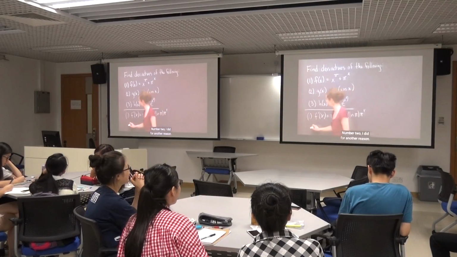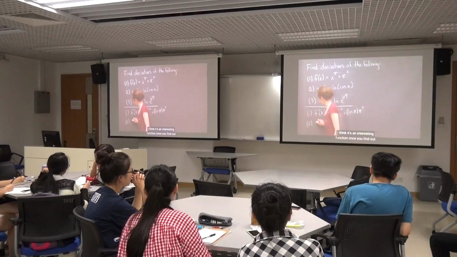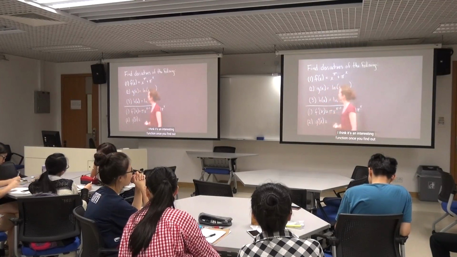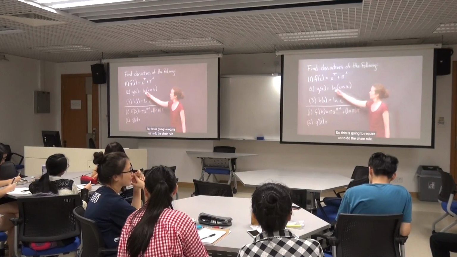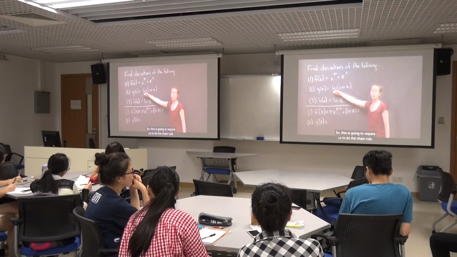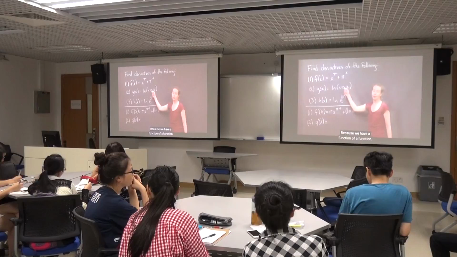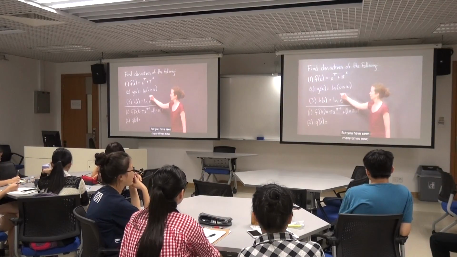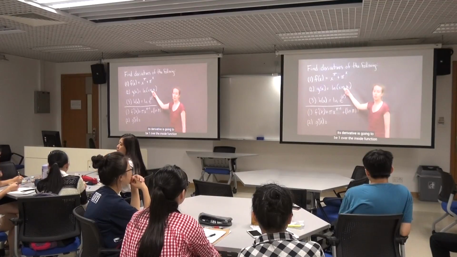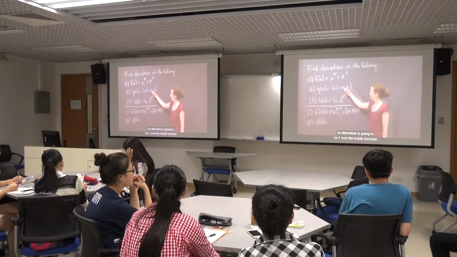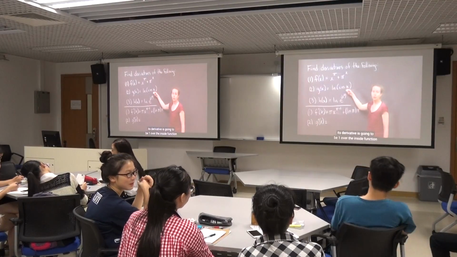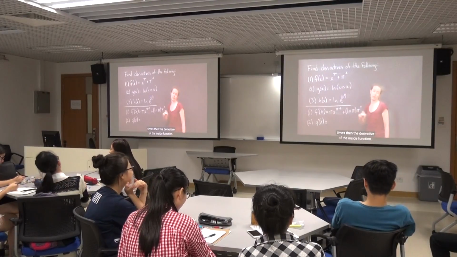Okay, number 2, I did for another reason. I think it's an interesting function once you find out what the derivative is. This is going to require us to do the chain rule because we have a function of a function. You have seen many times now that when you have natural log of a function, its derivative is 1 over the inside function times the derivative of the inside function.